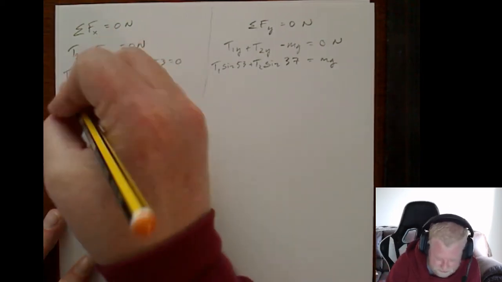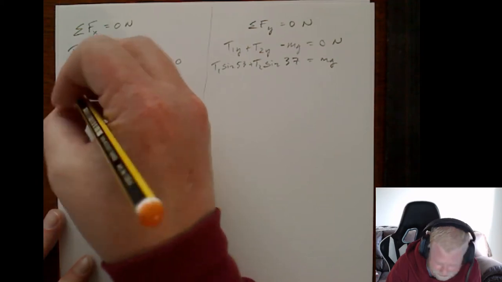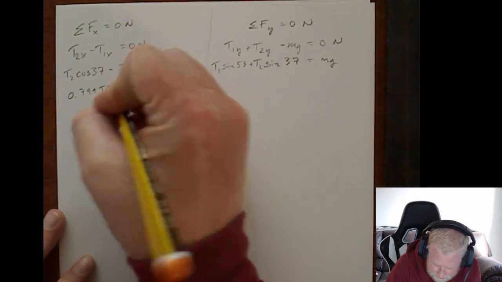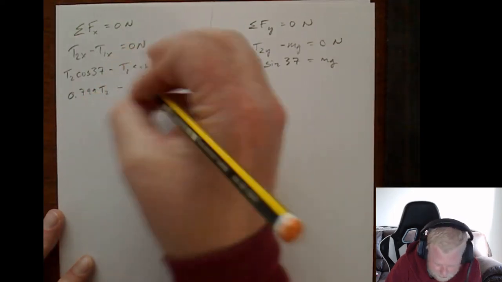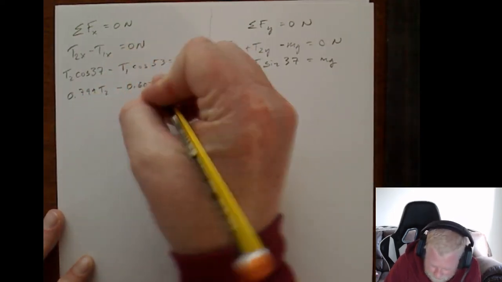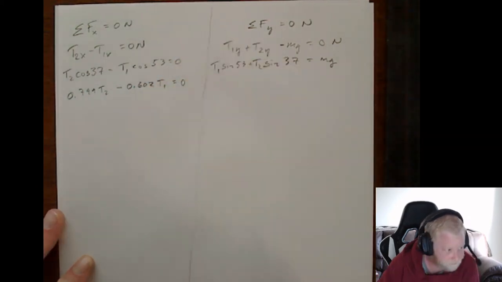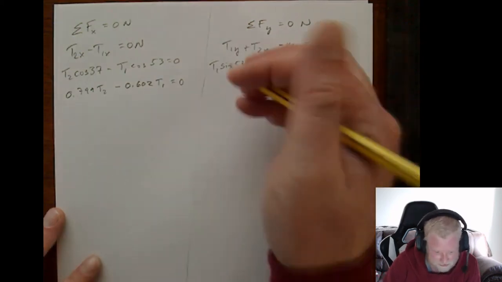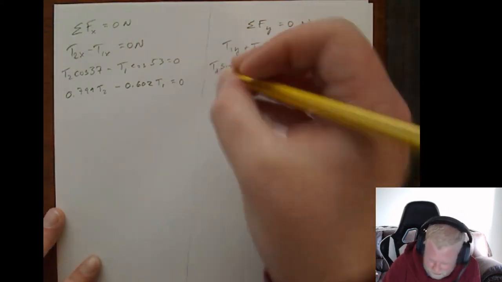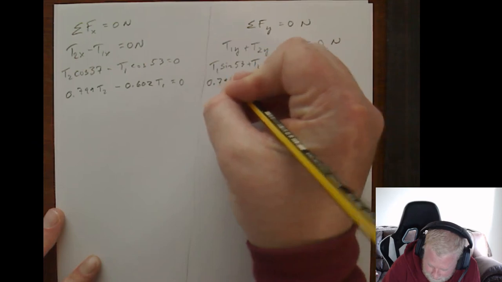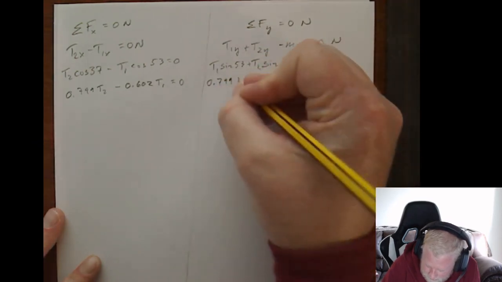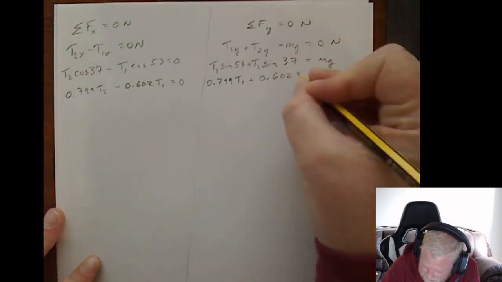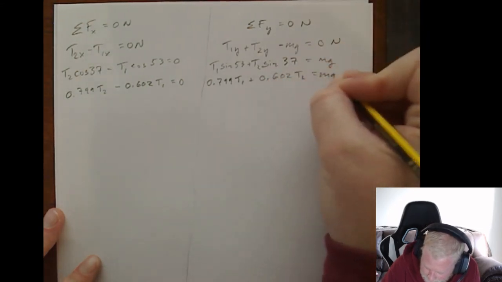So cosine of 37 comes out to 0.799, so 0.799 T2 minus 0.602 T1 is equal to 0. All right, on the other side, sine of 53 comes out to 0.799 T1 plus 0.602 T2 being equal to mg.